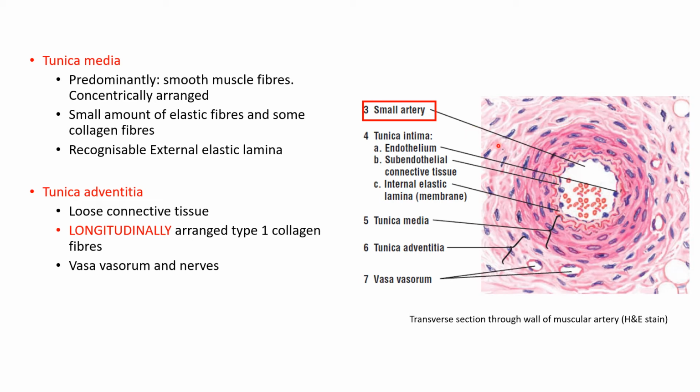The tunica media of the muscular artery predominantly contains smooth muscle fibers. So the spindle-shaped smooth muscle cells are concentrically arranged. Roughly about 30 layers of smooth muscle fibers are seen in the muscular arteries. Apart from this, a small amount of elastic fibers and some collagen fibers are also visible.